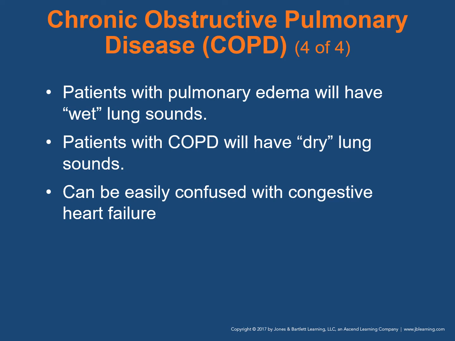He has a history of hypertension, congestive heart failure, and myocardial infarction, but he has no history of smoking, asthma, or COPD. So this is asking you, what kind of things are you thinking about? The general impression of this patient. Do you think it's more of a COPD exacerbation or a congestive heart failure exacerbation?